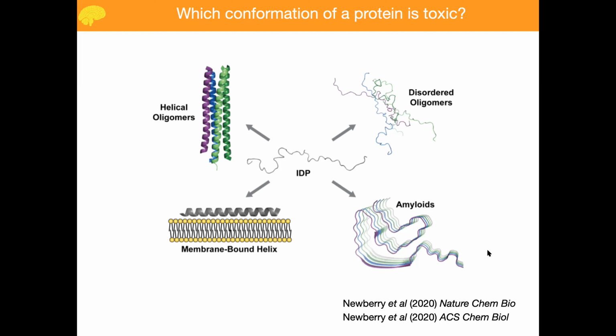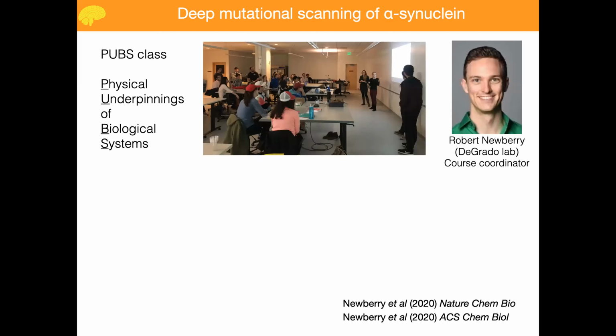So in order to get at this difficult problem, we deploy deep mutational scanning in the context of a class. This so-called PUBS class, Physical Underpinnings of Biological Systems, was initiated by Jamie Fraser at UCSF. And many of you might have heard talk about the class and the first projects, which were deep mutational scanning of ubiquitin under different environmental conditions and stresses.